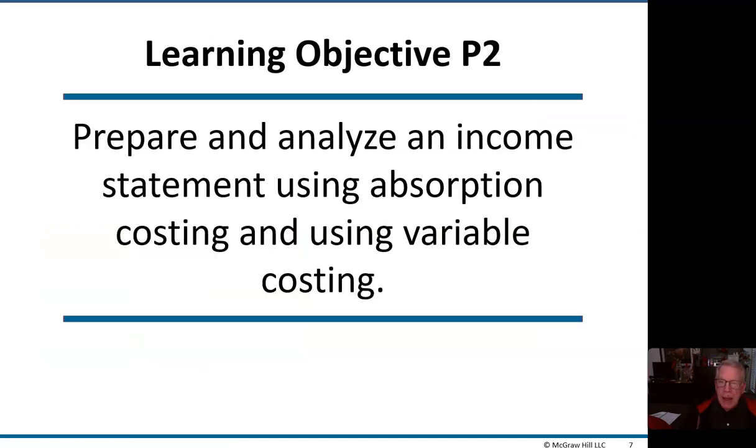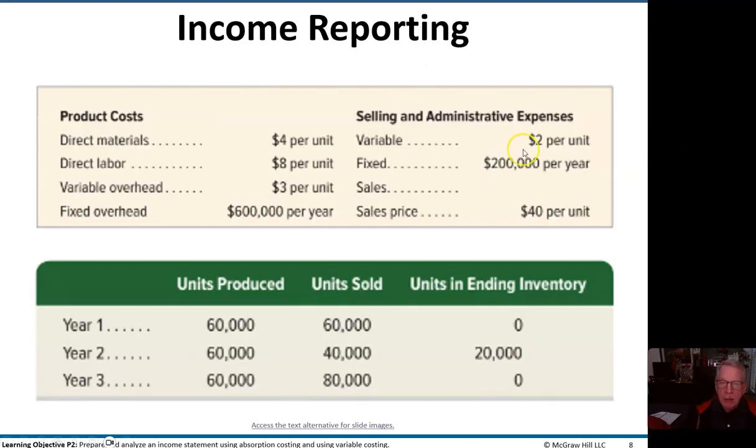Okay, now we'll prepare and analyze an income statement using absorption costing and using variable costing. And the same example that we just went through here, in year 1, year 2, and year 3, we're going to produce the same exact amount but the units sold are going to be considerably different than the units produced. In the first year, the units that we sold were what we produced, so there were no units in ending inventory.